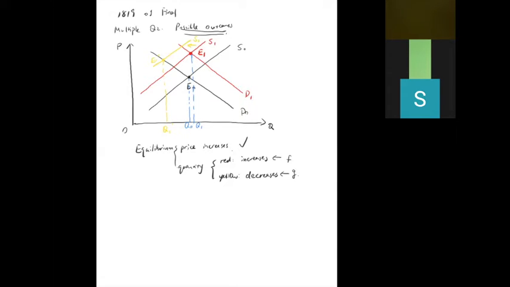So for this question, Q2, for part A, the marginal rate of substitution is equal to the marginal rate of transformation, which is the price ratio.